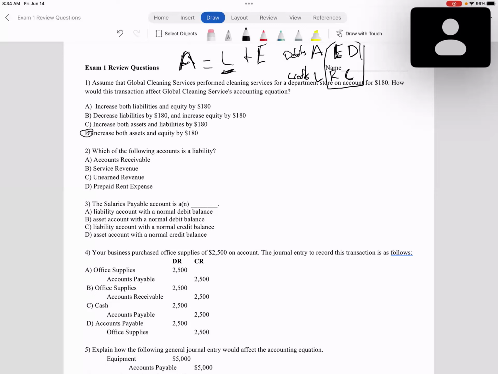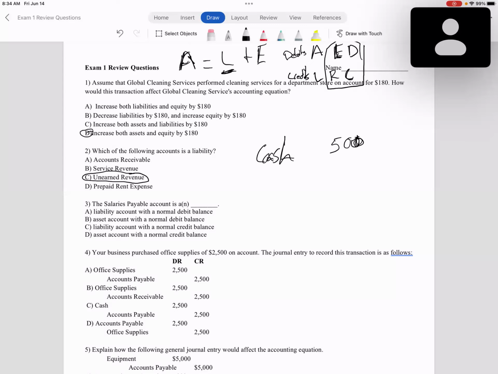And so we look down through this. Accounts receivable, we just finished up saying that was a resource, right? Someone owes us. Service revenue, that's the concept of doing work. We perform work, same as the previous question. And then unearned revenue, that one is where we receive cash early. Let's say your grandma wants you to mow her lawn for the whole summer, and she pays you at the beginning of summer, say $500.